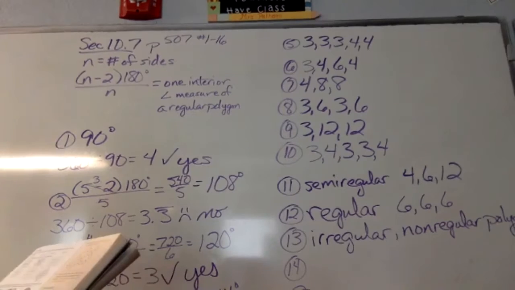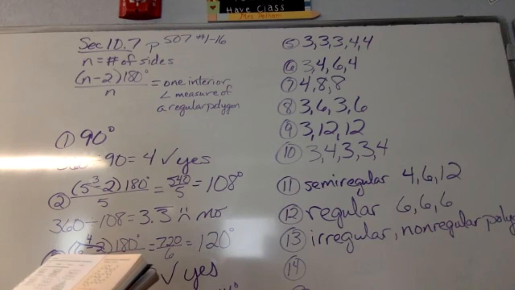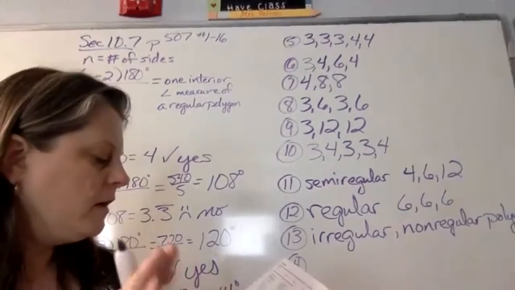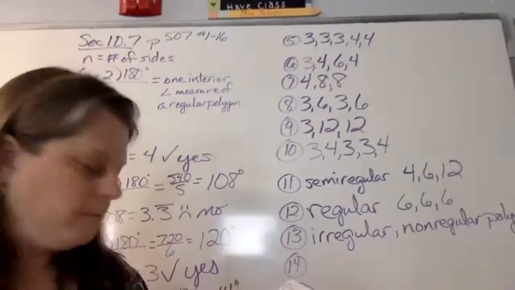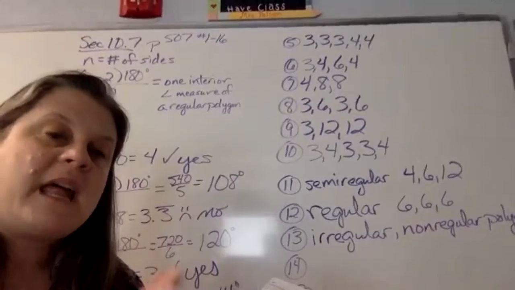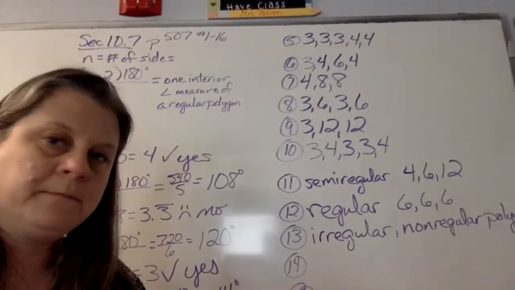What about number 14? You've got one single shape that's used over and over again. Don't worry about the color. They just try to make them pretty, but you don't have to worry about that. You're looking at the shape. They all have that one same shape, but is that shape a regular polygon? Are all the sides and angles congruent in it?